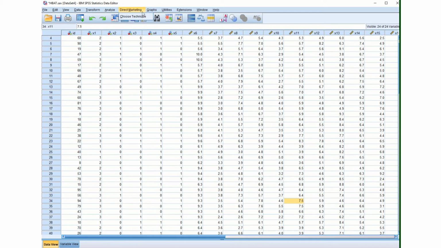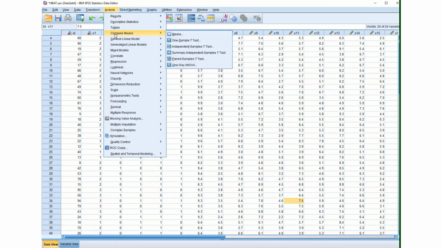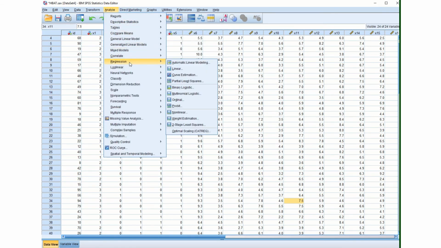For the multivariate approach, we're going to do a regression, even though we don't really care right now about the regression results. What we want to find are observations that have unusual combinations of responses.